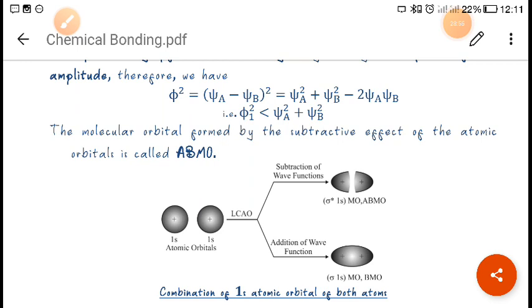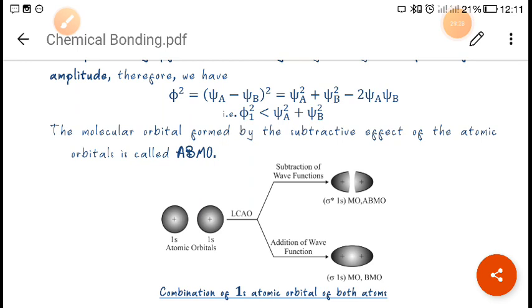I hope you are understanding this, because the combining atoms were not in phase, meaning one crest was combining with a trough and one trough was combining with a crest. That is why the wave functions of the component atoms cancel each other and form a node between the nuclei.